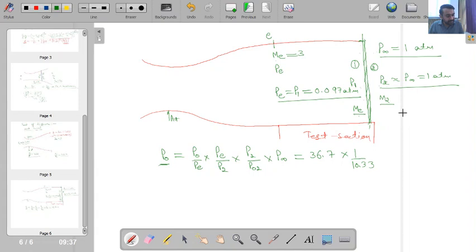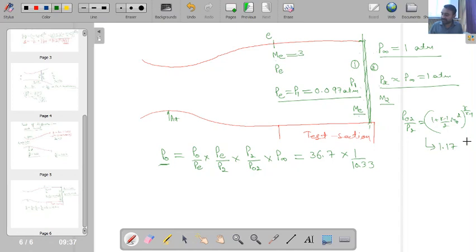If you can predict the Mach number, you can calculate the ratio PO2 by P2, which will be equal to (1 plus (gamma minus 1) by 2 M2 square) whole power gamma by gamma minus 1. If you calculate this ratio, it comes out to be 1.17.